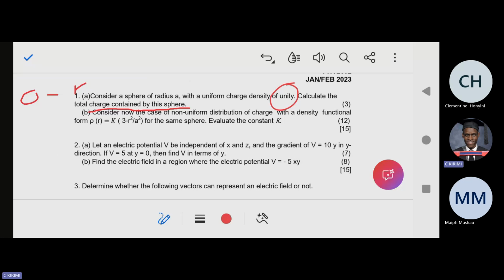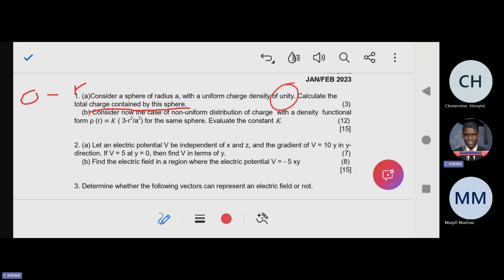If V is equal to 5 at y equals 0, then find V in terms of y. V is 5 if y is equal to 0.